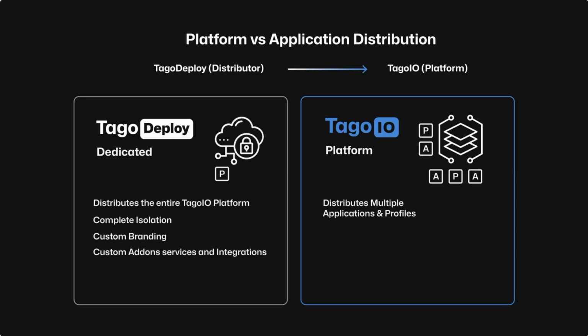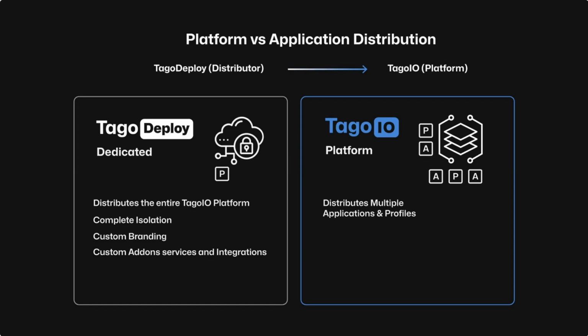So I am Victor. I work mostly with our customers to get their application ready to use and to distribute. And I like to start by clarifying what our goals are for TagoDeploy. The way I like to think about TagoDeploy is actually as a distribution platform.